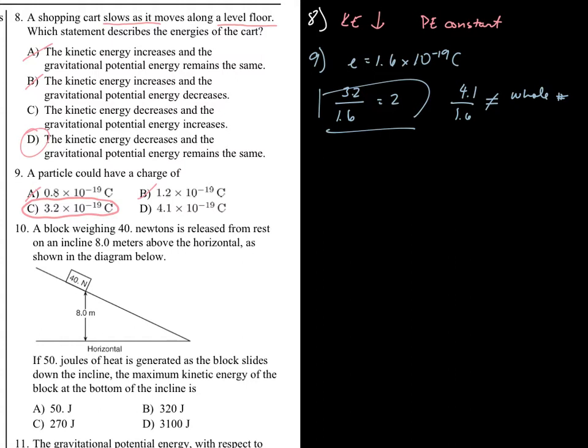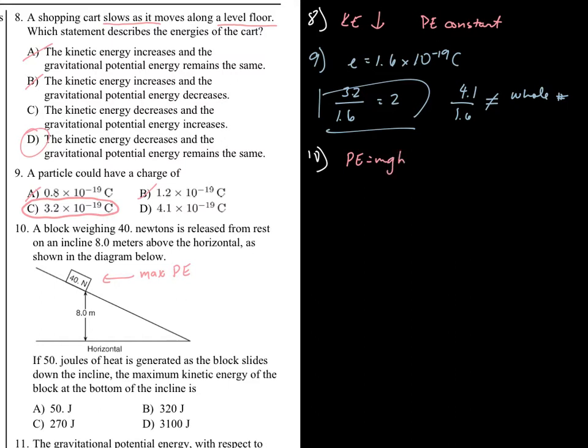All right, number 10 is kind of tricky. So here we have a box starting at the top. It's released from rest. So at the top, all we have is max potential energy. That's all it has. As it goes down the incline, heat is generated because of friction. So that means it's probably going to lose some of that potential energy to internal energy.